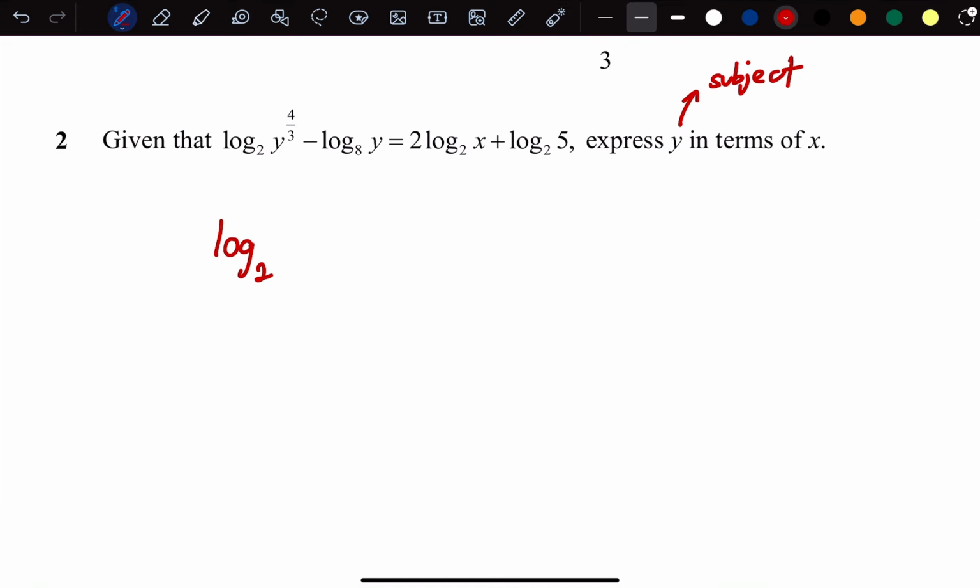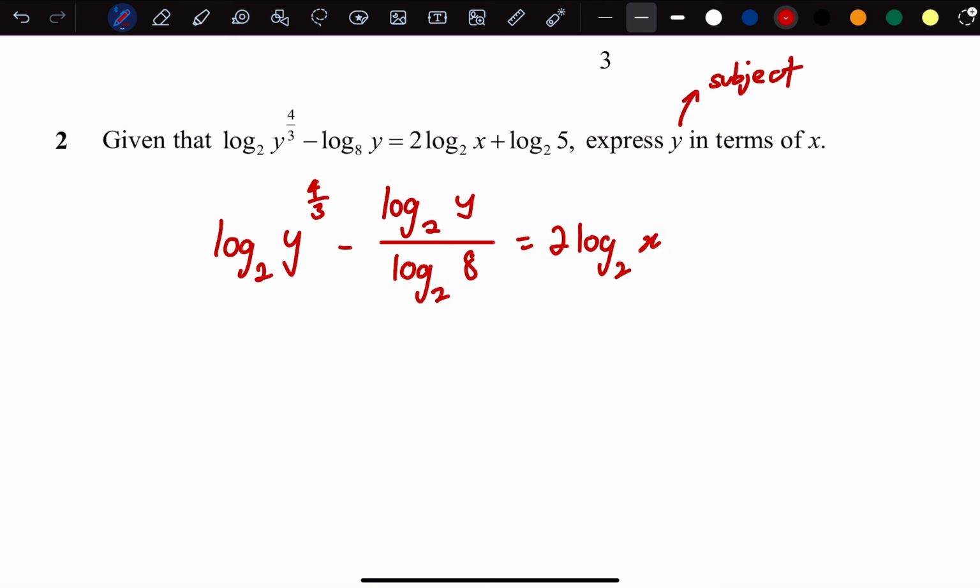Log base 2 of y power 4 over 3 minus, I use my change of base formula to base 2, so this will be log base 2 y over log base 2 8, equals 2 log base 2 x plus log base 2 y. Okay, next step, I can continue to simplify from here.